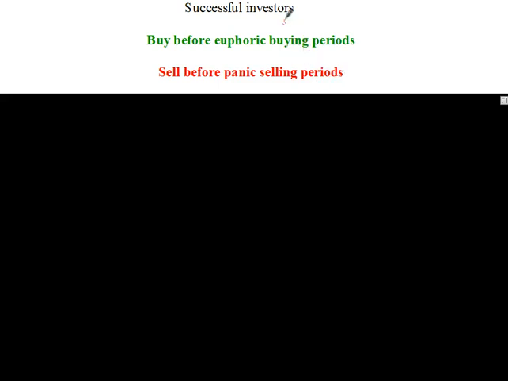So for successful investors, for the castle in the air theory, it simply comes down to this: you want to buy before euphoric buying periods, and you want to sell before panic selling periods. You want to buy before euphoric buying and sell before panic selling.